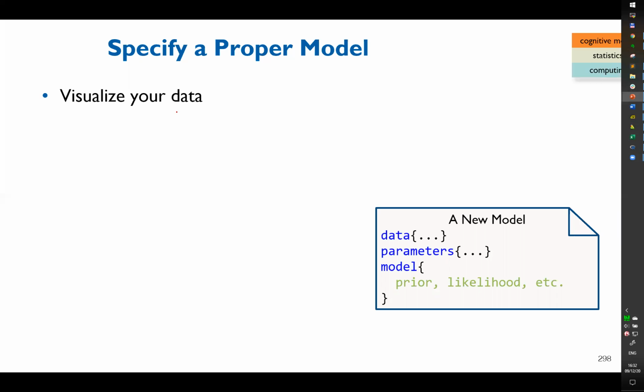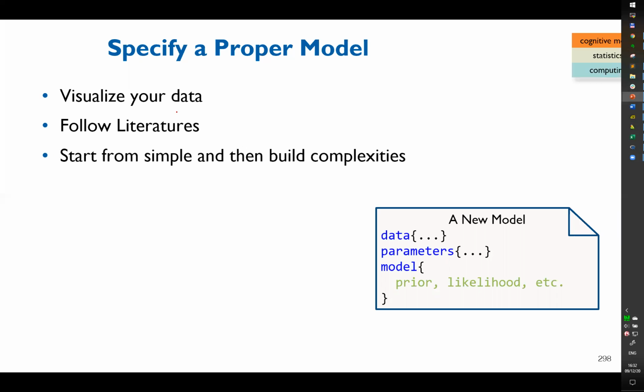And then you heard about models, you just want to model it, you do it. Okay. So now the question or the challenge is how do you know the model? Well, this is quite challenging. So the solution usually is to follow the literature to see how researchers model this particular task. Maybe using Rescorla-Wagner, maybe something else. So look at the literature.